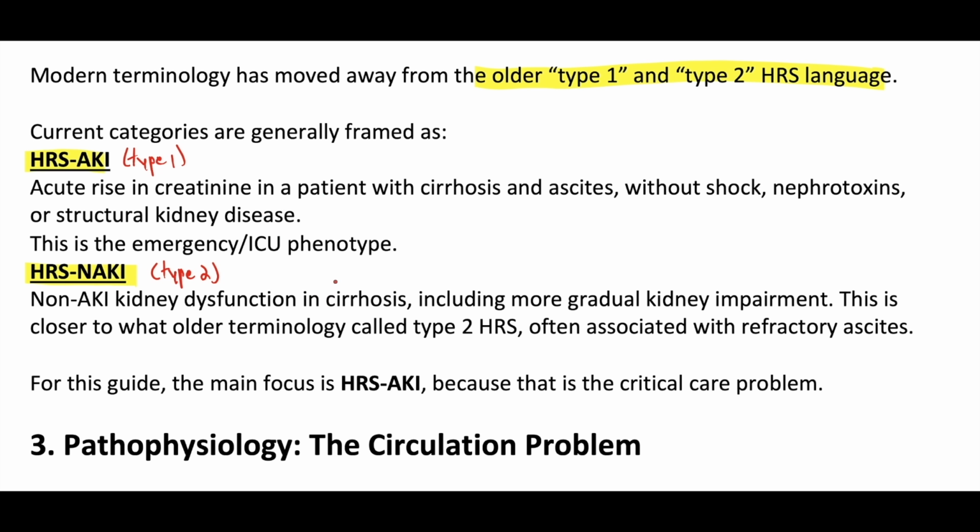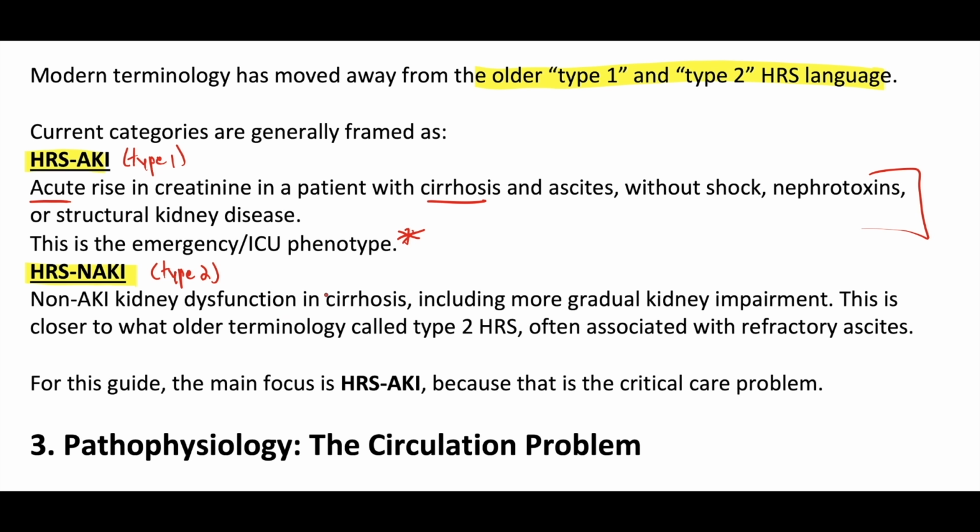So HRS-AKI, or the old type 1, is an acute rise in creatinine in a patient with cirrhosis, and we have ruled out those other causes, right? So it's not from shock, it's not from nephrotoxin, it's not from structural kidney disease. This is the primary phenotype we're going to be talking about today. This is the one more relevant for emergency critical care medicine.